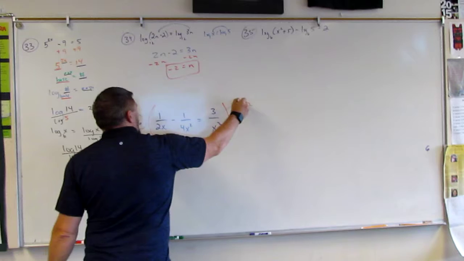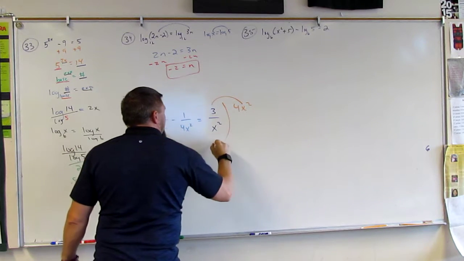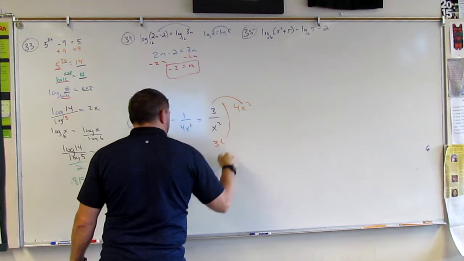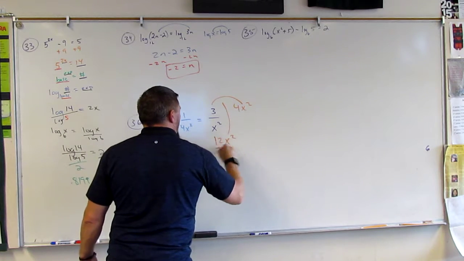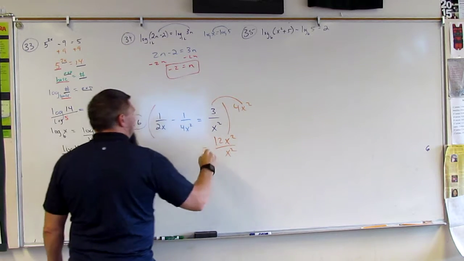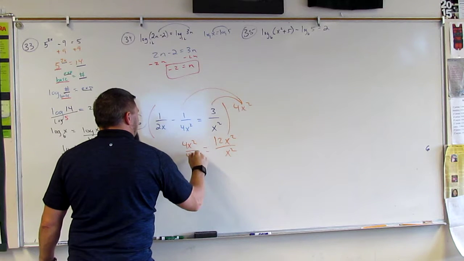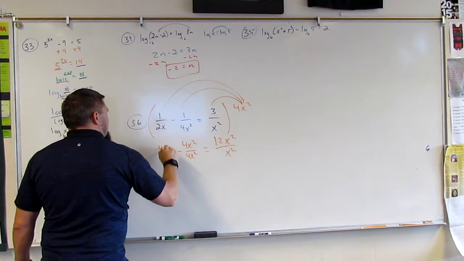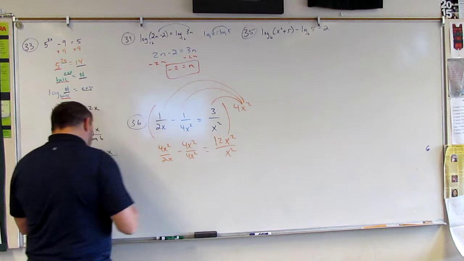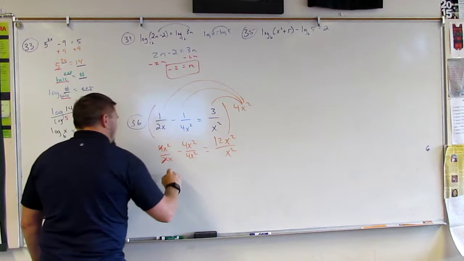When you multiply this, you got 3 times 4 is 12x squared over x squared equals 4x squared over 4x squared minus 4x squared over 2x. Now the 2 cancels the 4 and gives me a 2.